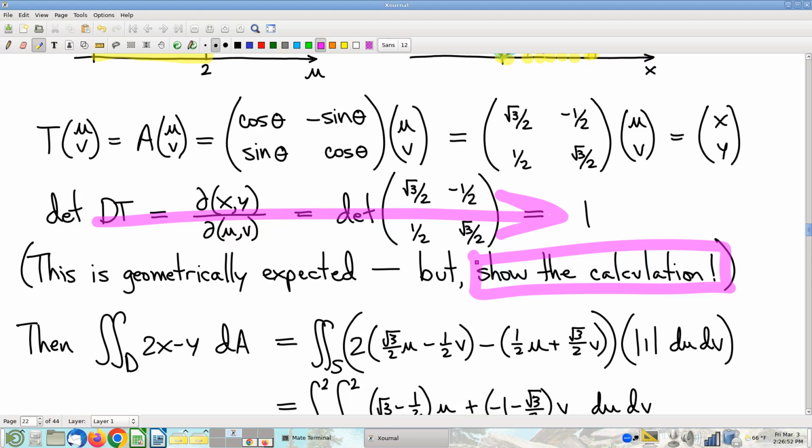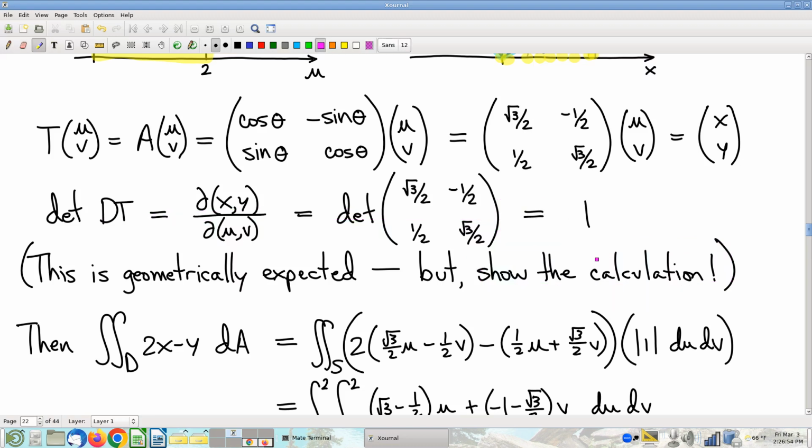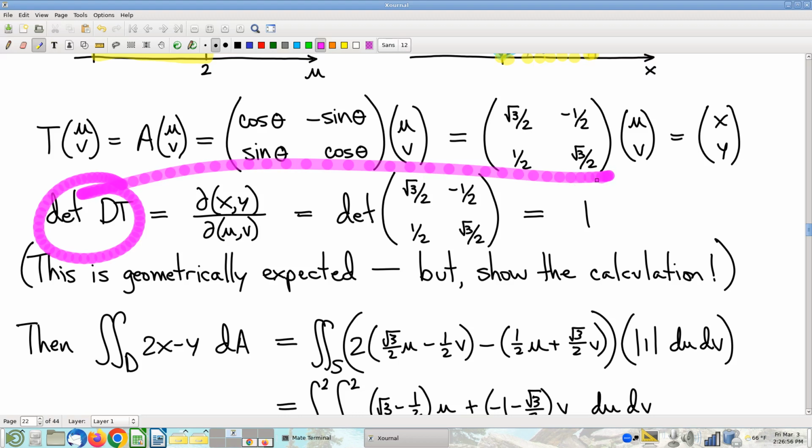Okay, it's all over but the shouting. Here's my Jacobian determinant. It's a 1, nothing to worry about. Now I've got to plug in for my x and my y. There's an x right there in my integrand. Where am I going to get x from? Well, again, don't forget the change of variables function itself is telling you x and y, and so among other things, x as a function of u and v.